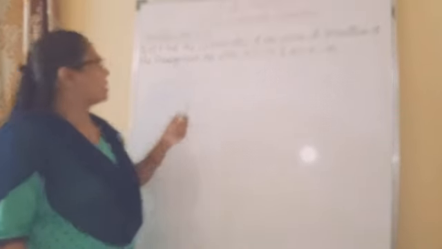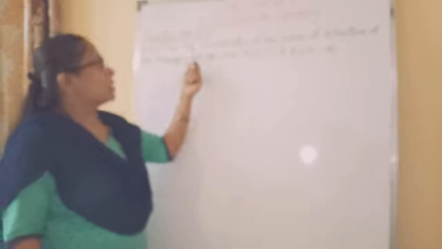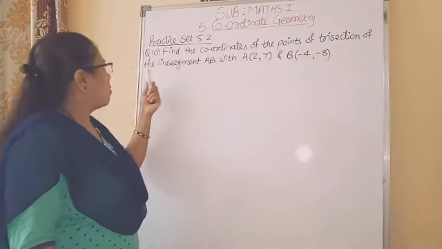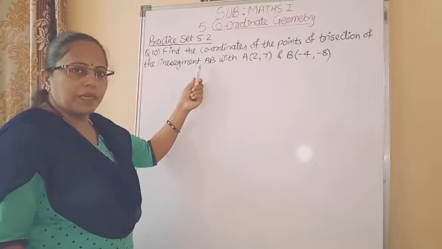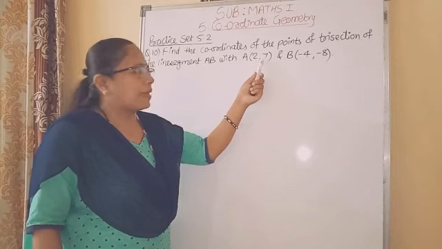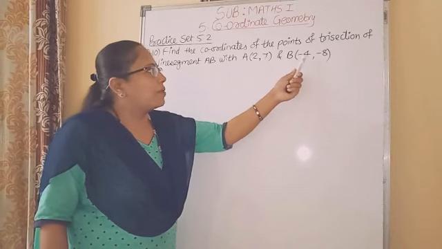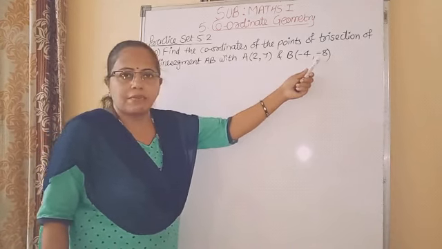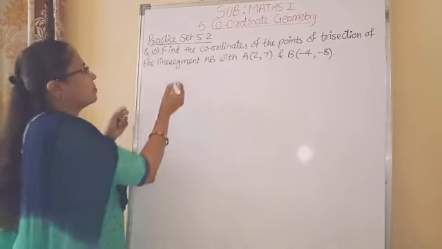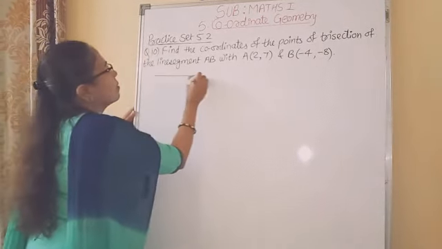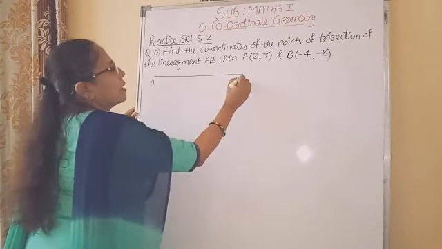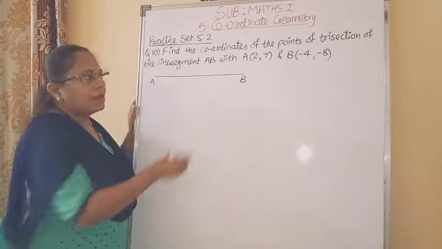Question number 10. Find the coordinates of the points of trisection of the line segment AB with A having coordinates 2, 7 and B having coordinates minus 4, minus 8. Okay, so student, there is segment AB.